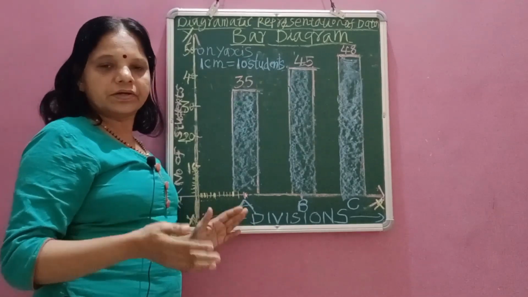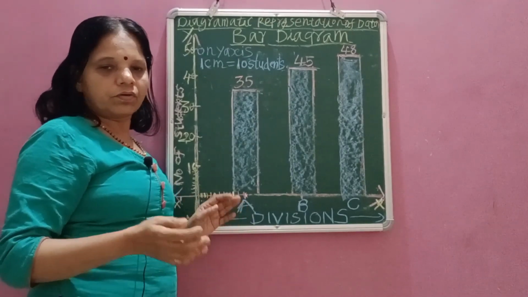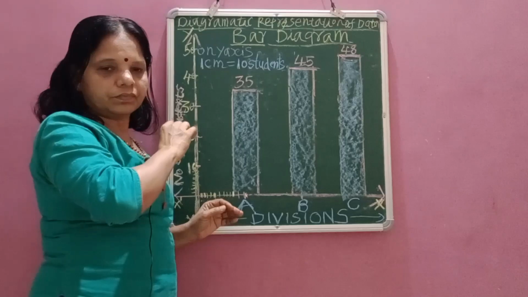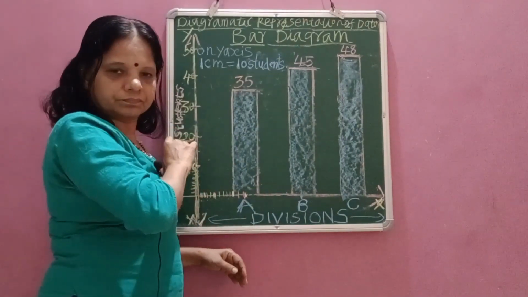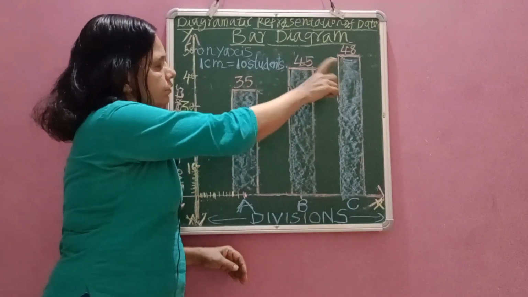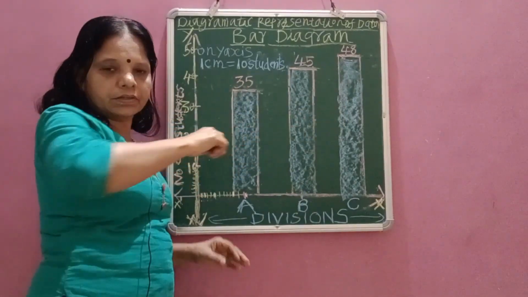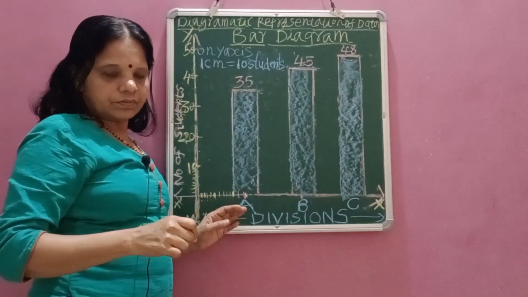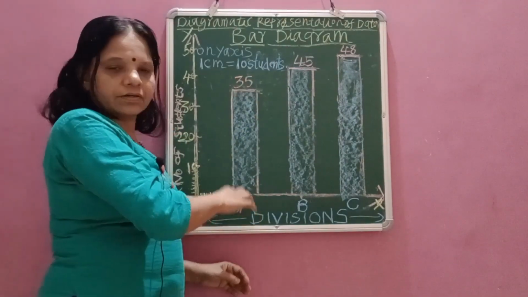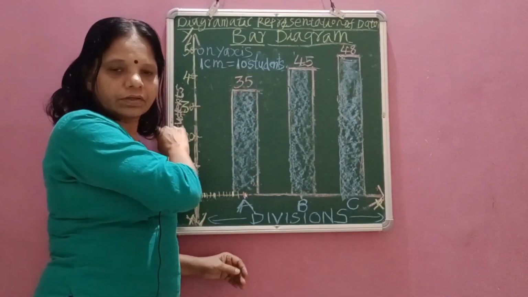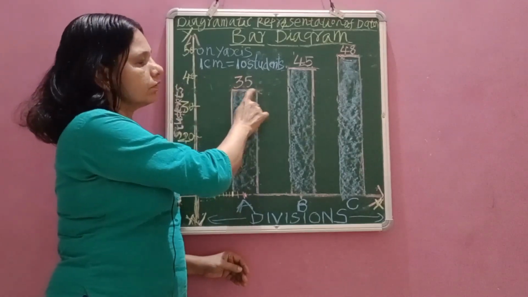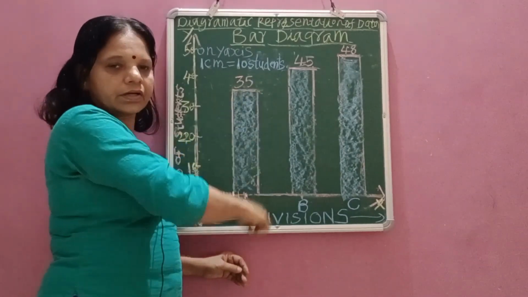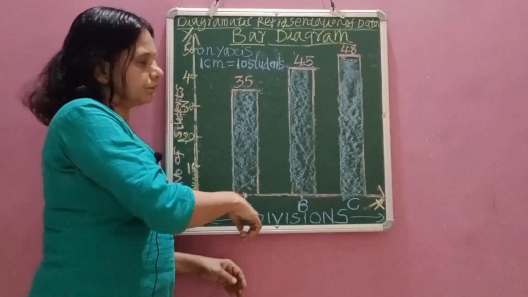Any convenient width you can use for the bar and complete the rectangle. So the width of all the rectangles should be the same, and the height represents the quantity of information. So at 35, I have drawn this horizontal and completed the rectangle.